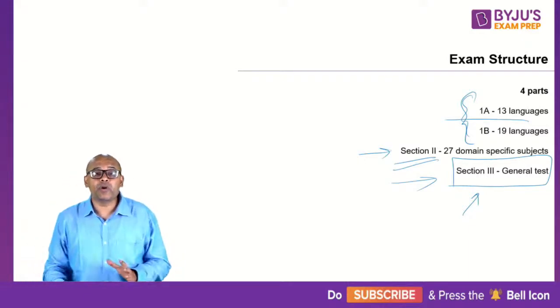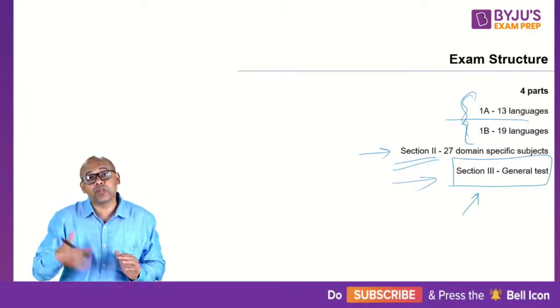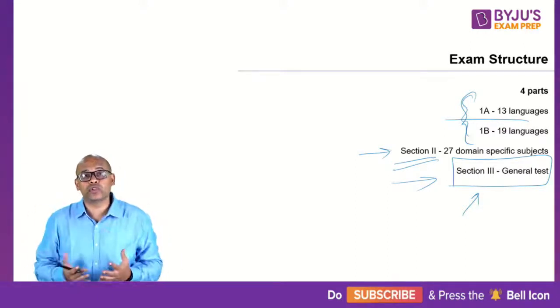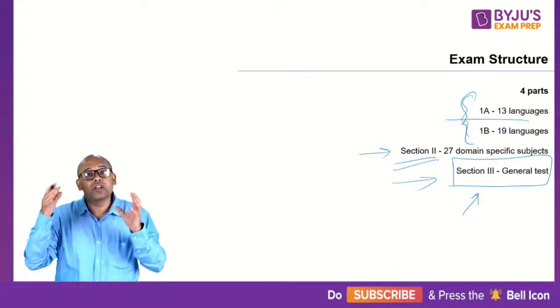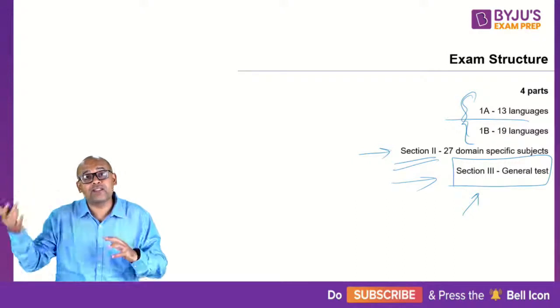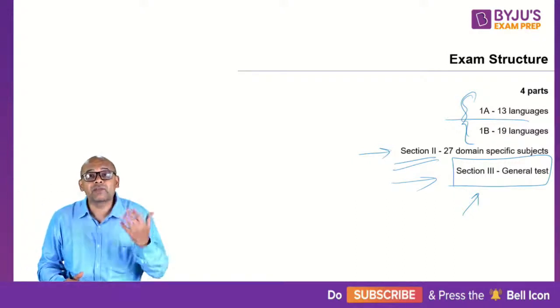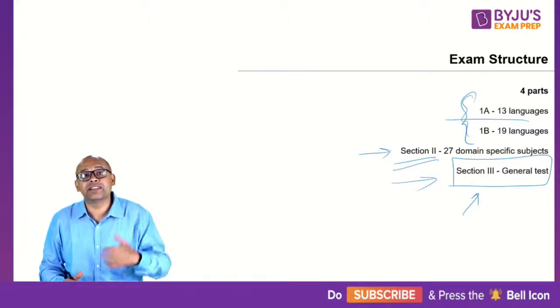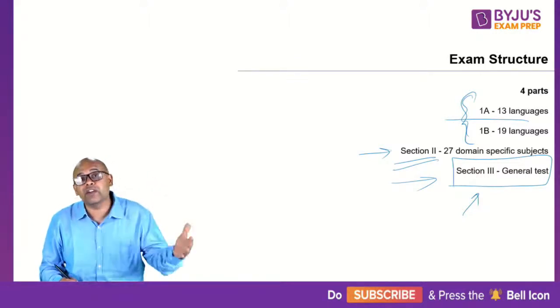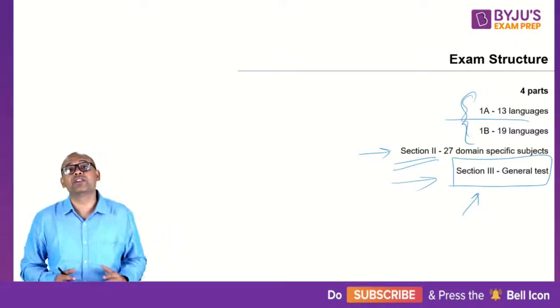Now, depending upon what the student wants, depending upon where the student is applying to, which college and the course, so a combination of course plus college, the college on their website is specifying what should be the course, what should be the exams you should take. In fact, they have already given that to the CUET, that is NTA, and NTA has published it already.